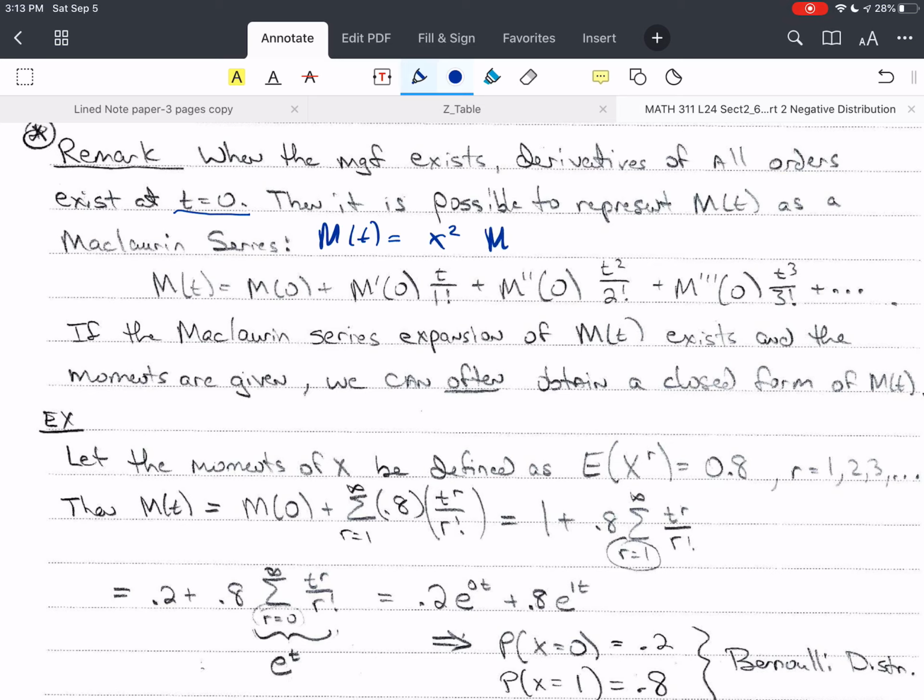M of t is x squared, M prime of t is 2x, M double prime of t is 2, the third derivative I'm just going to leave as 0, equals 0. So is the fourth, the fifth derivative, sixth derivative. You can still take them. It's 0. But you can take as many as you want. So they do all exist. This doesn't say whether or not they're 0.